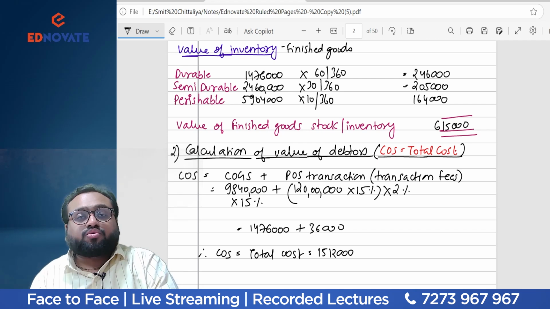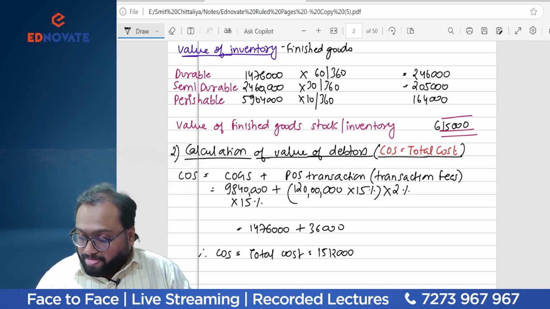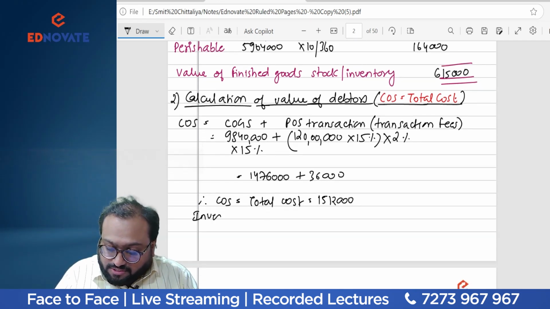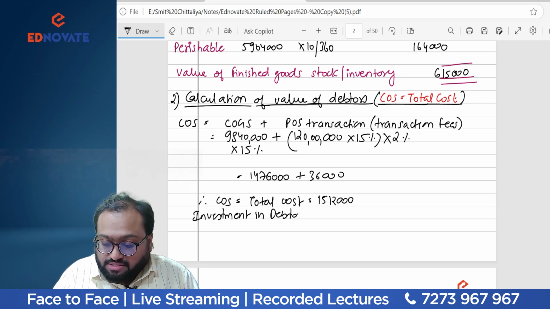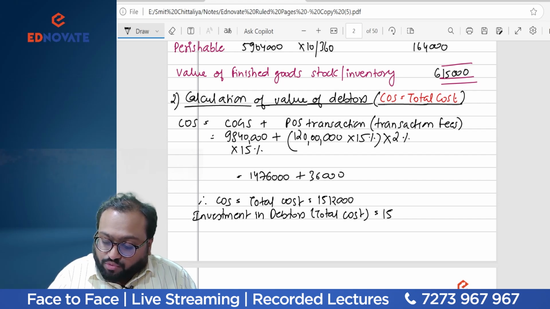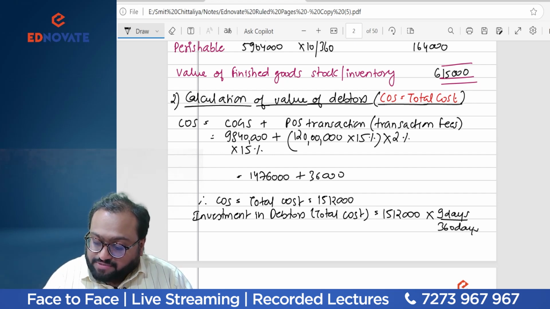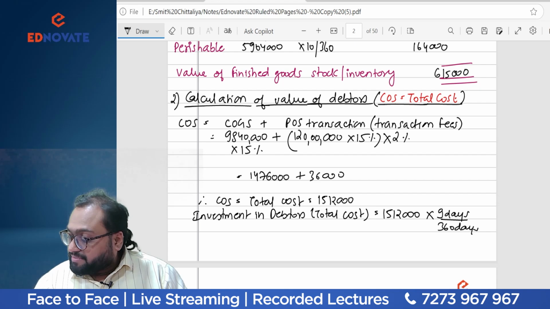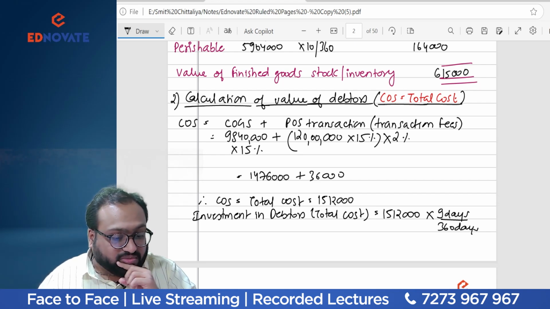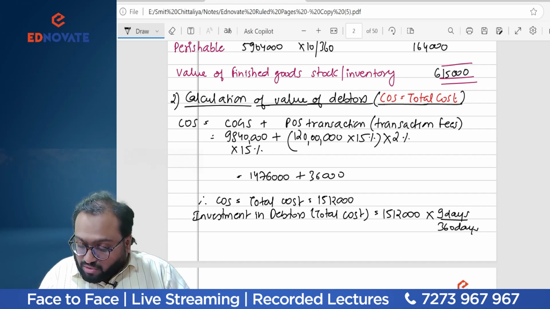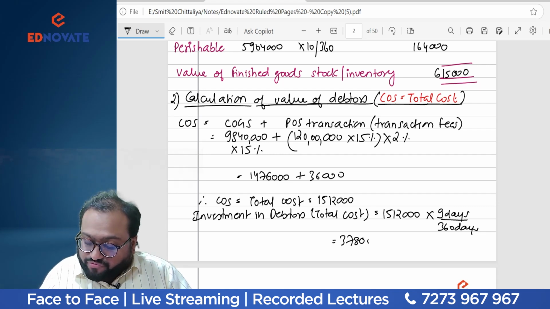This is the value invested in my debtors, the amount blocked in debtors at total cost. It is stuck only for 9 days, so 15,12,000 into 9 divided by 360. I got 37,800 as my value of debtors.